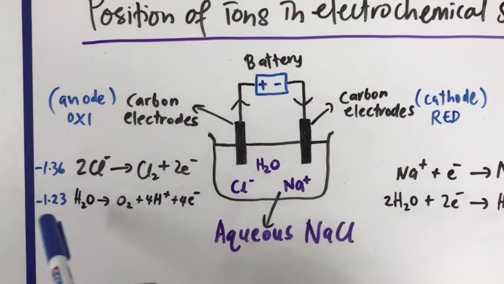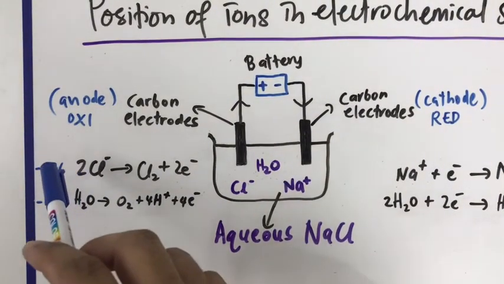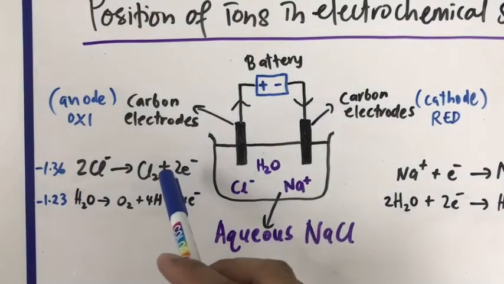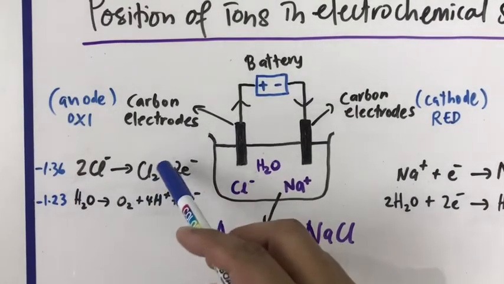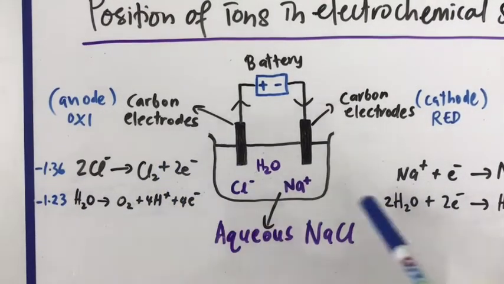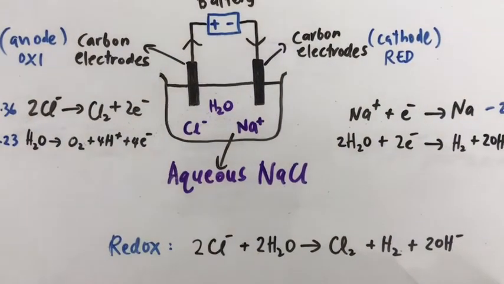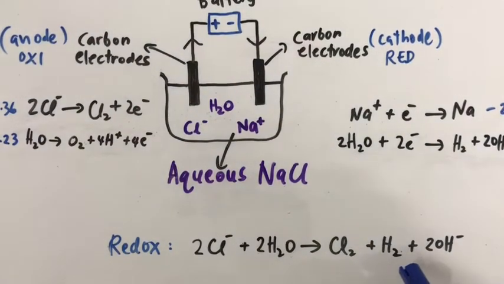Comparing both half equations, we can see that the chloride ion has the more negative value of the standard reduction potential. So we select the chloride ion to produce chlorine gas. Both half equations are selected to produce the overall redox reaction: 2Cl- plus 2H2O producing chlorine gas, hydrogen gas, and 2OH-.